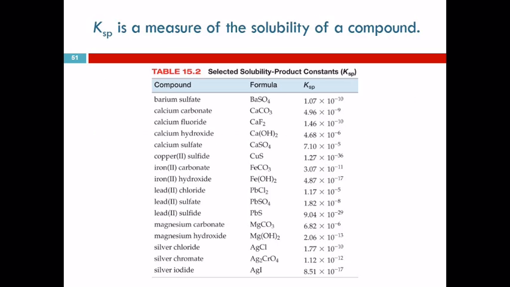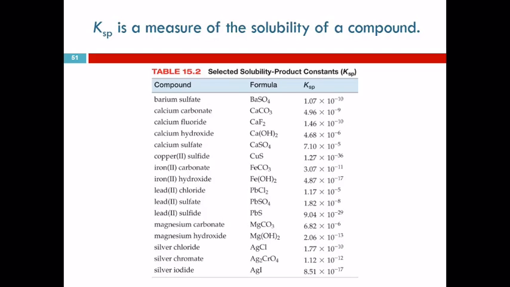When we look at a table of solubility product constants, here are the formulas, here are the KSPs. Things that have very small numbers like 10 to the minus 29, lead sulfide, are considered to be insoluble. The truth is, though, a few of the ions will dissolve.